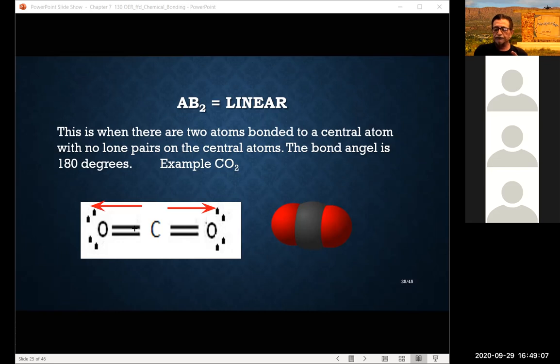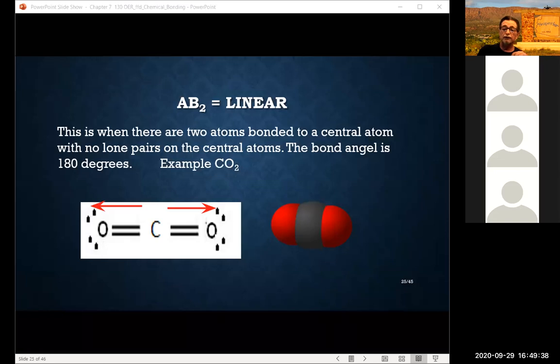Now, in this case, we have two polar bonds, but because they're pulling away from each other in opposite directions, the polarity of each of those bonds cancels out. And so the result is that carbon dioxide, though it has polar bonds, is nonpolar in nature because the polar bonds cancel each other out by the direction of where they're going.